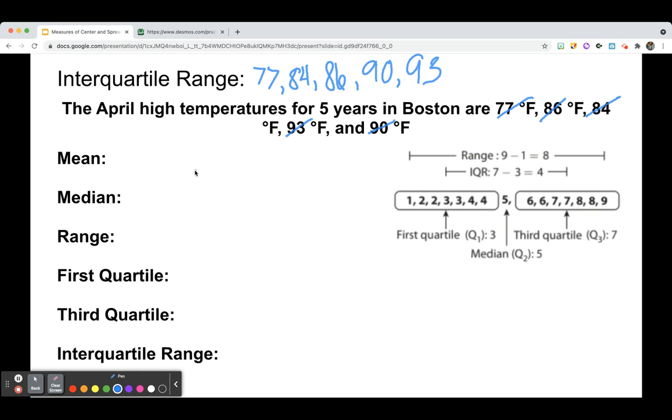Okay, so to find the median, that's just the middle value of your data set. So we have 77, 84, 86, 90, 93. So our median is 86.